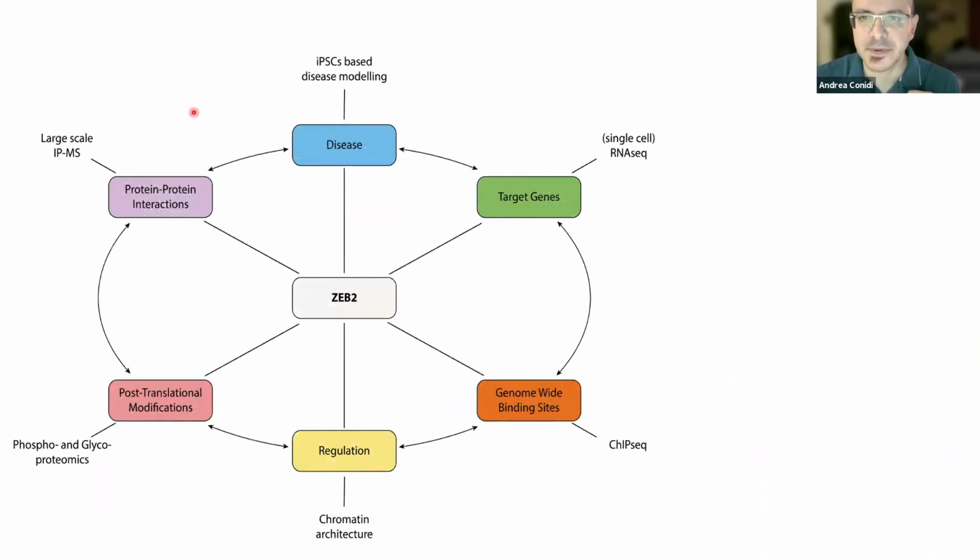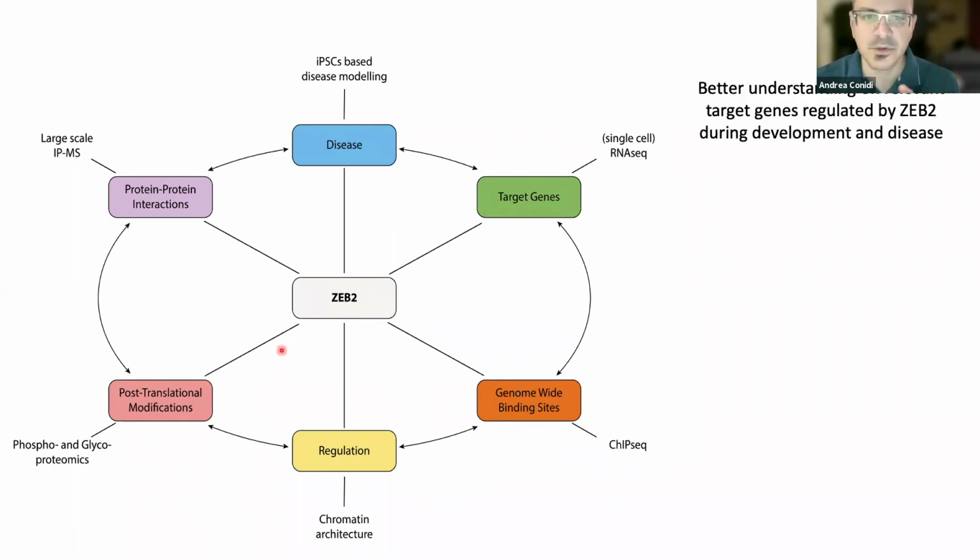So here, as I say, we can study target genes, but without knowing other information, it will be just a piece of the puzzle, not the whole picture. So combining all this together will help us to understand the relevant target genes of ZEB2 during development and during disease.